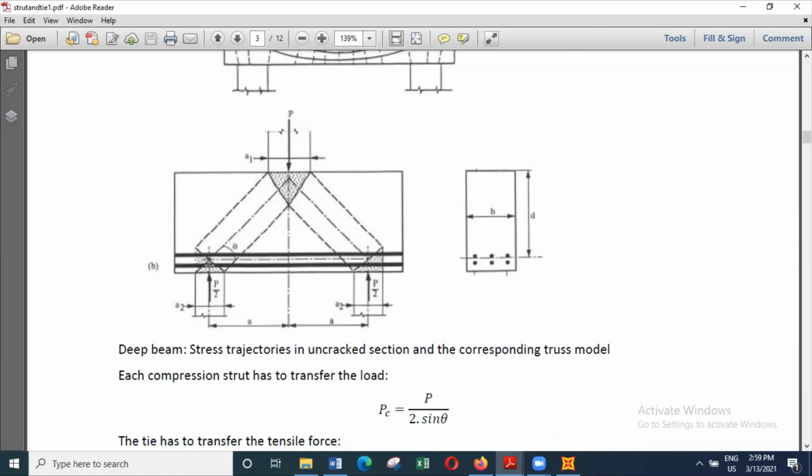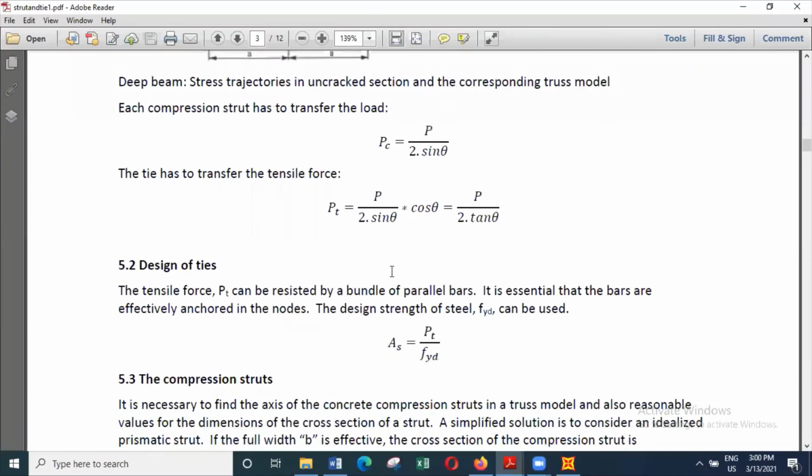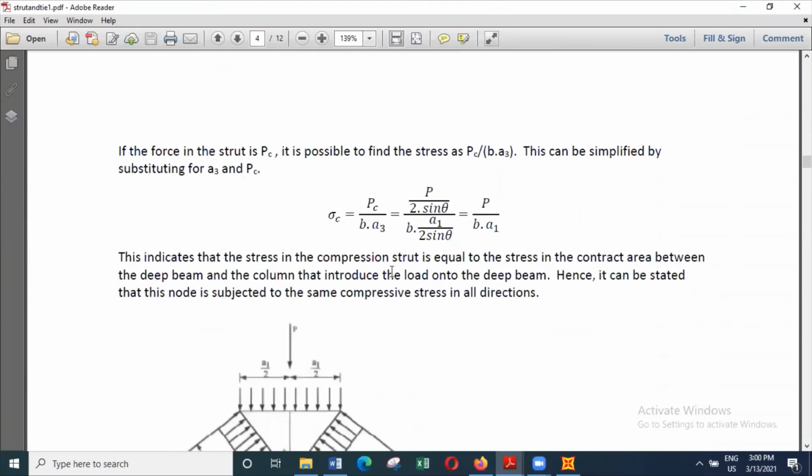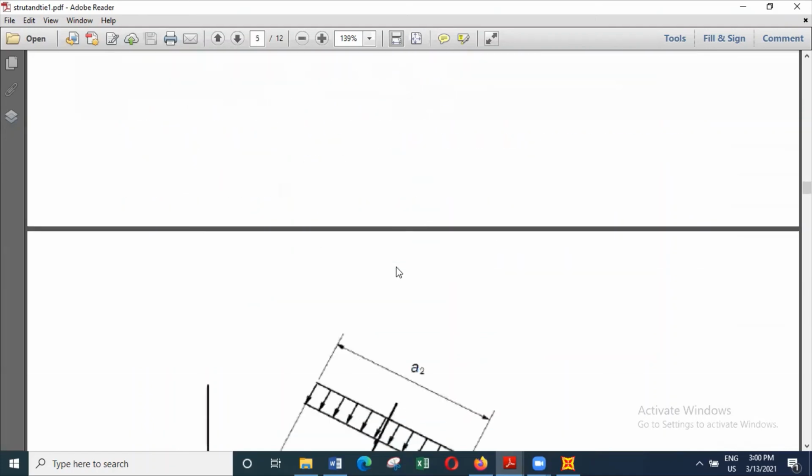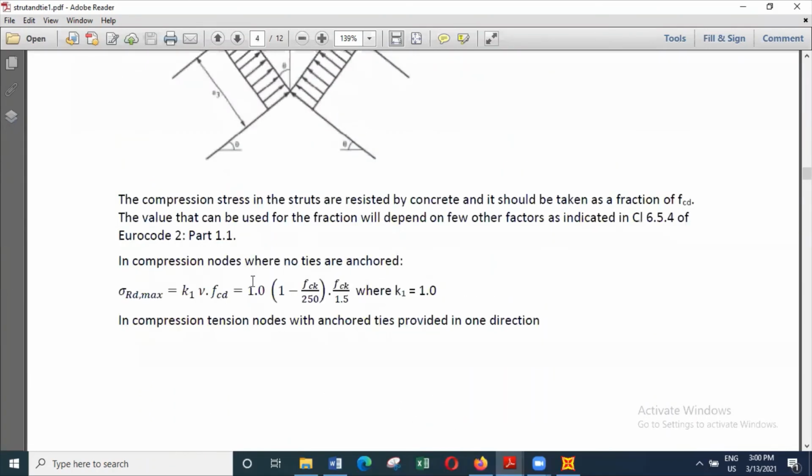And there's a possibility that you might get a joint where you have compression and tension as well. So depending on all those situations, we can have different joint conditions and different values for the maximum stress that we can allow in a strut.